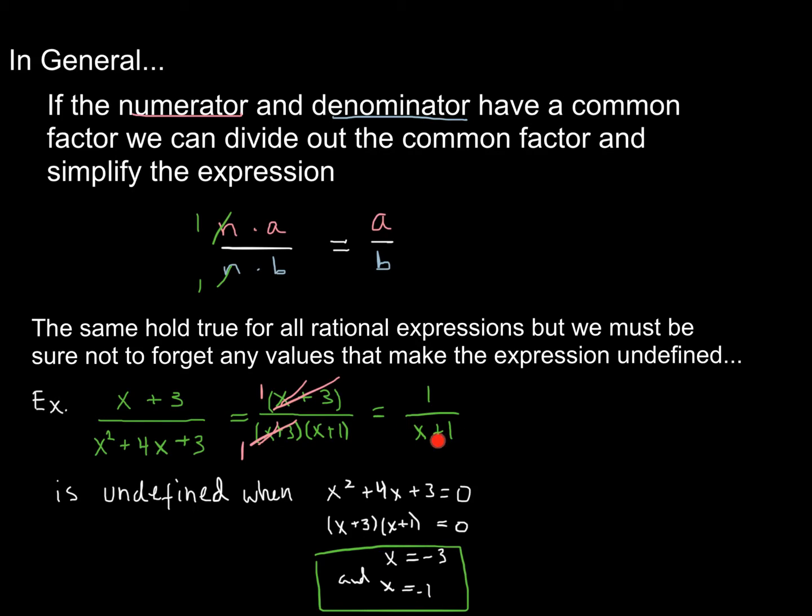And that's still clearly obvious when I'm looking at this expression. So here I've simplified and I've noted that there are two special x values for which this expression is undefined. If I'm graphing this expression, I can graph it everywhere except when x is equal to -3 and when x is equal to -1.